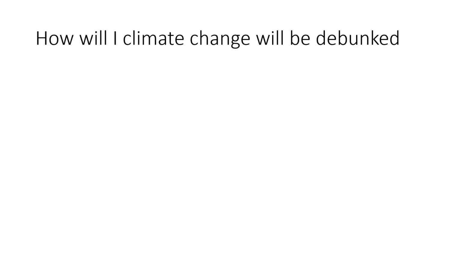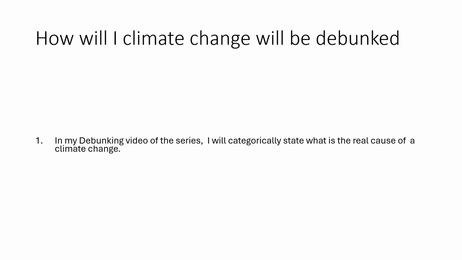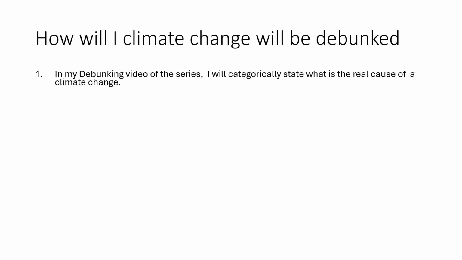So you may ask, how will I be debunking this climate change hoax? There are 4 steps I will take to debunk the climate change hoax. The first, in this first of my series of videos, I will categorically state what is the real cause of climate change.